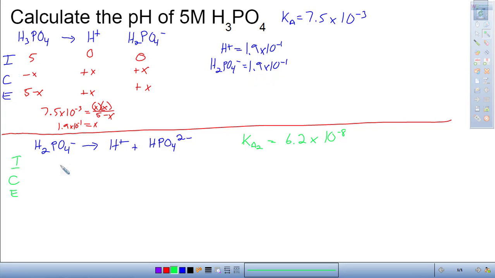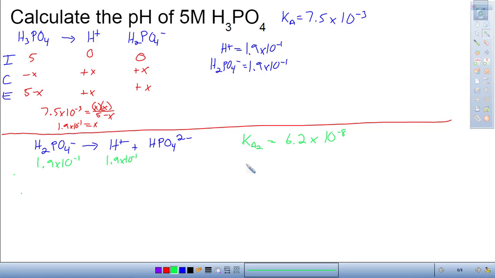And so in the beginning, my initial, I have that amount, and my initial hydrogen, well, I also have the same amount because that's what I start with up here. Now this value is not known. Now again, some of it's going to dissociate, but it's going to be so small, we're not going to worry about the change. So we're not actually going to do change in equilibrium.